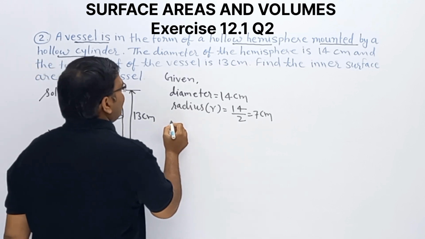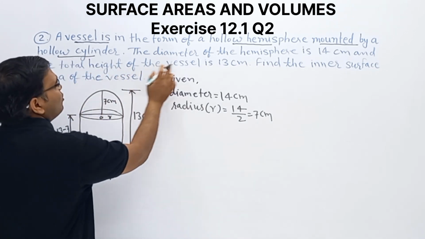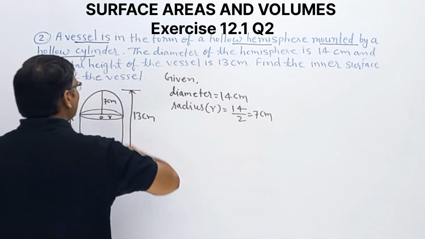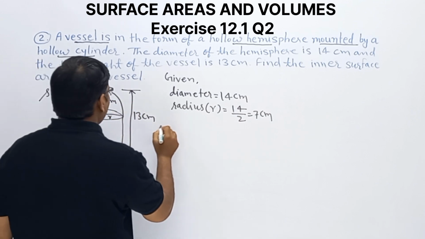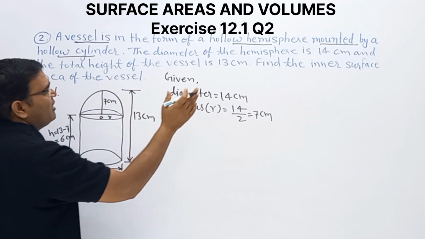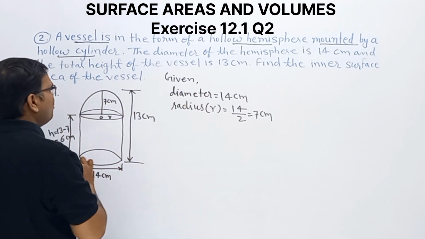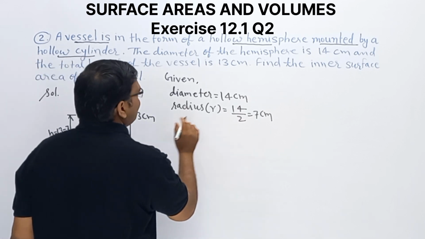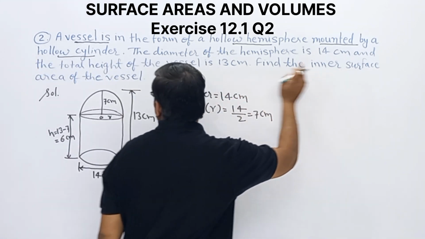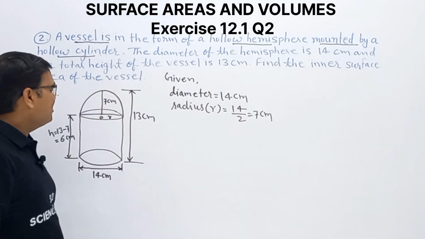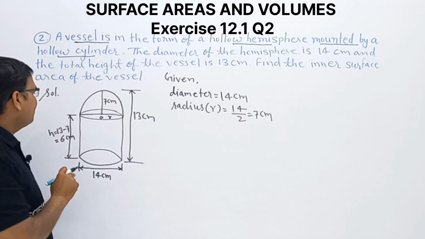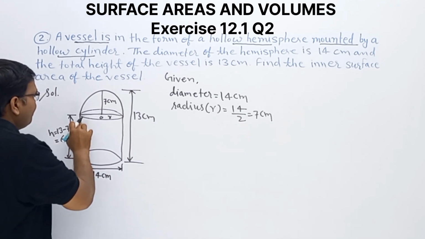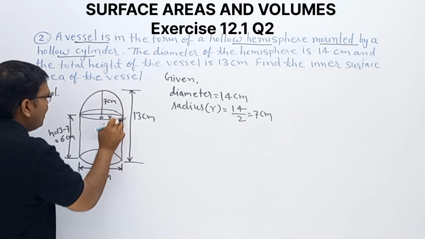So the total height of the vessel is 13 centimeter, but we want the inner surface area. We require the inner surface area of the vessel, meaning the inner area of this vessel.